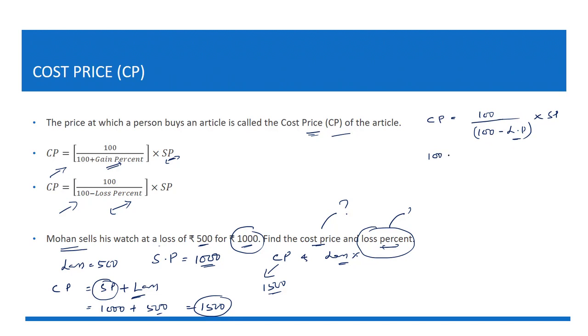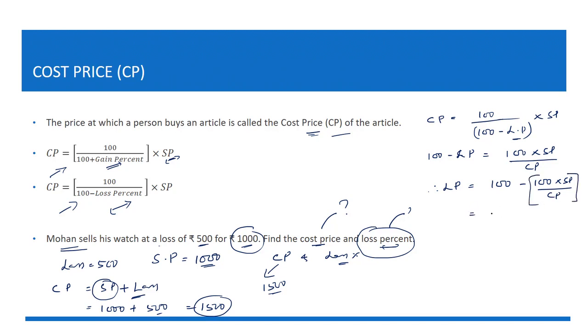So 100 minus loss percent is equal to 100 into SP divided by cost price. Therefore, loss percent is equal to 100 minus 100 into SP divided by CP.